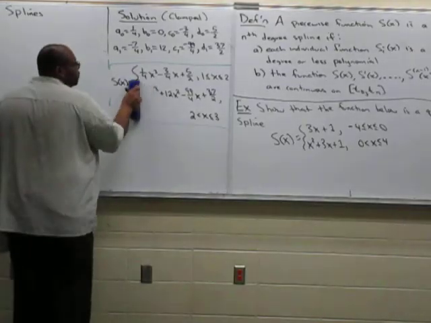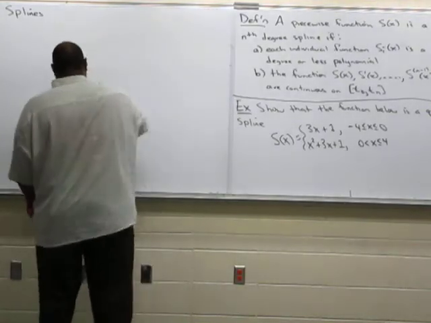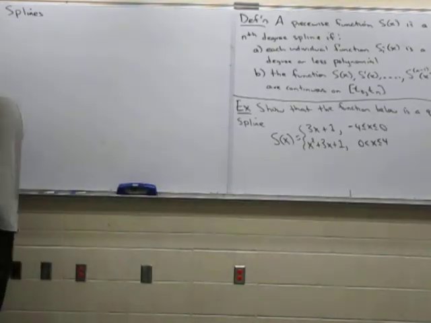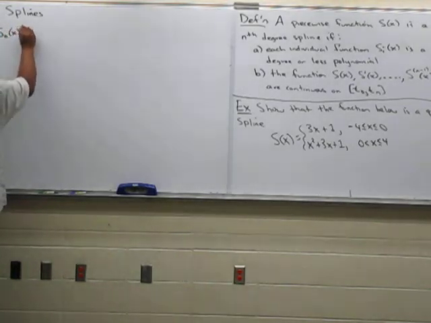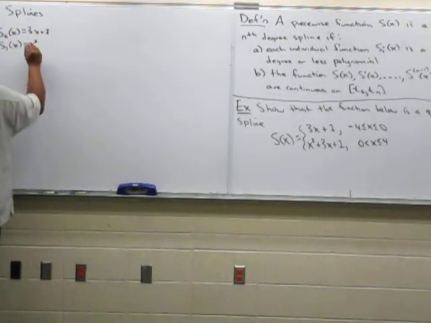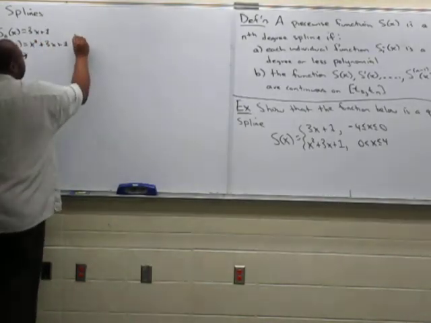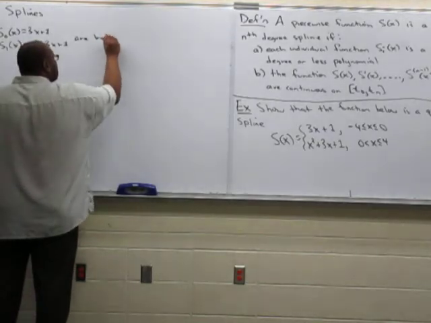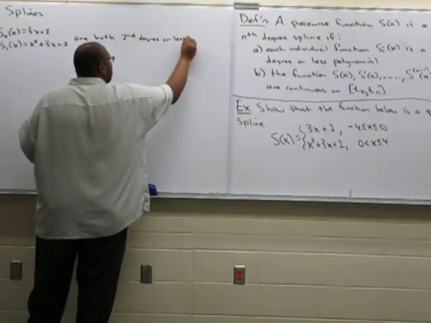I could say here with this problem A, S of 0 of x, which is equal to 3x plus 1, and S of 1 of x, which is equal to x squared plus 3x plus 1, are both second degree or less polynomials.